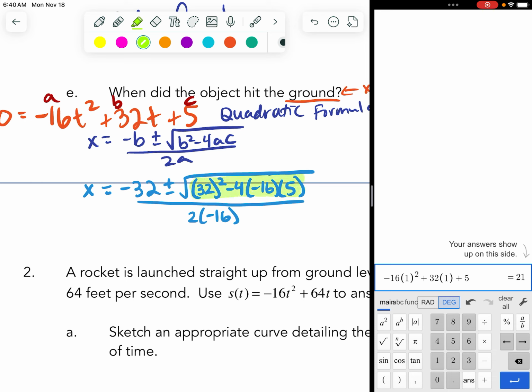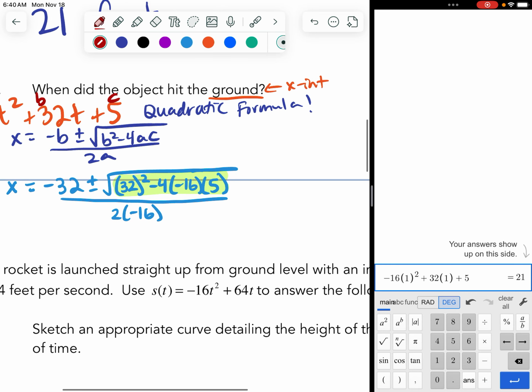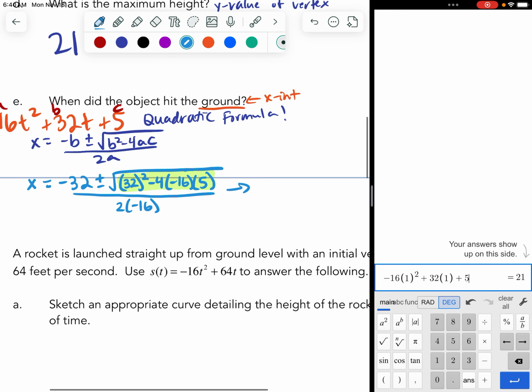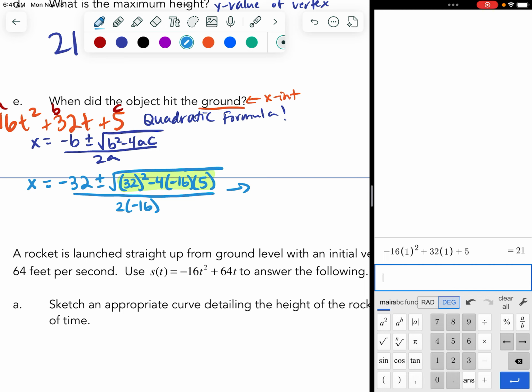Okay, so now again, just like before, let's just figure out the number that goes inside the square root. I'm going to go to my calculator and type in, not the square root part, but 32 squared minus 4 times negative 16 times 5.